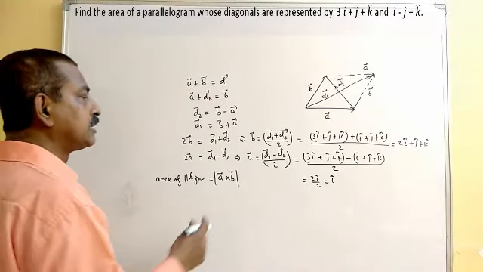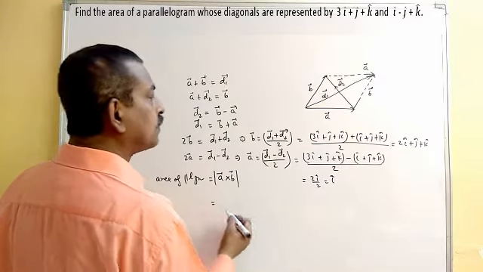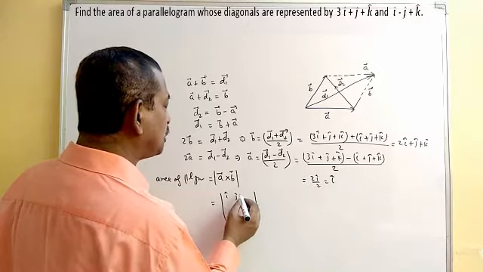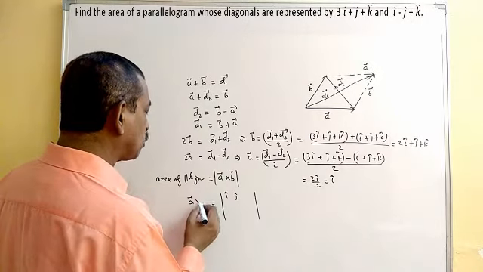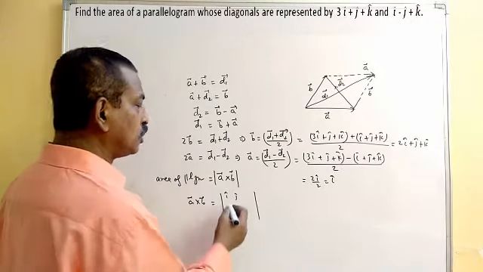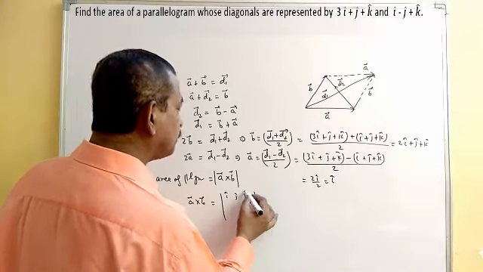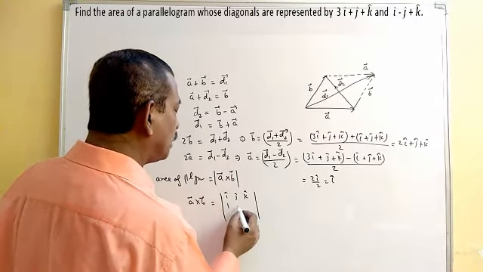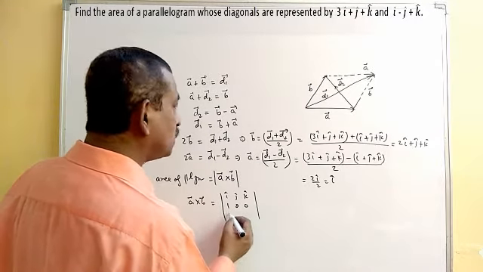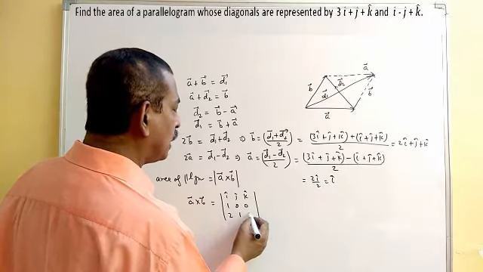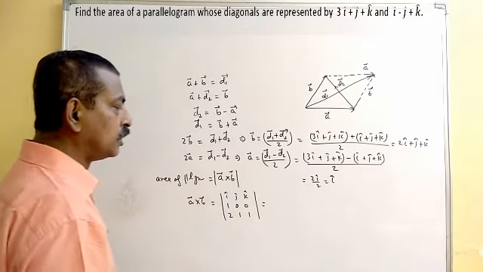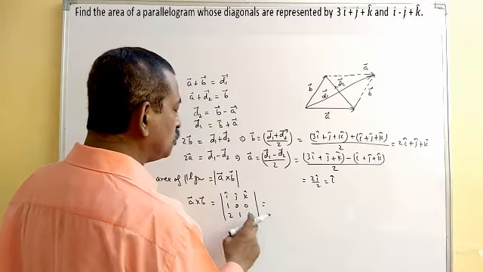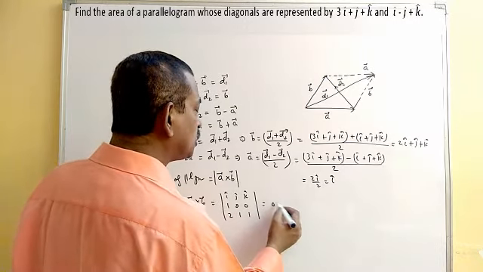So in this case, if you consider the cross product, here I am taking a cross b. So it is i, j, k, and for the vector a it is 1, 0, 0, and this is 2, 1, 1. So for i, it is 0 minus 0, so the first term will be 0.